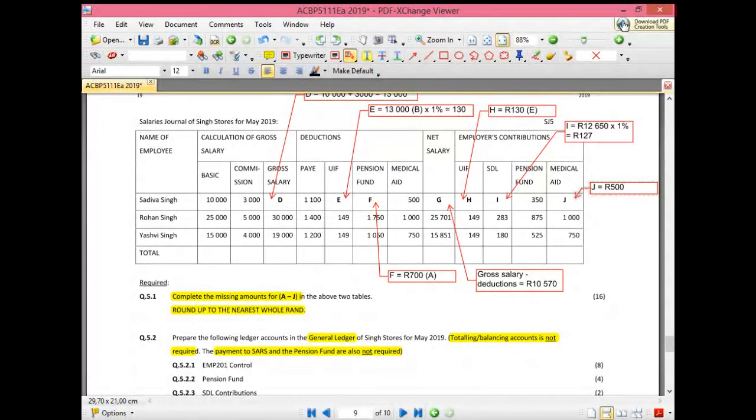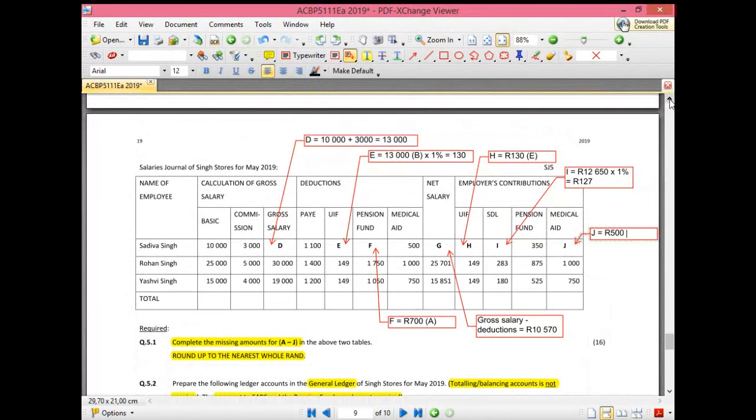If we look at the salary journals, this first bit shows the gross salary. This is the amount of money that you earn per month as an employee.